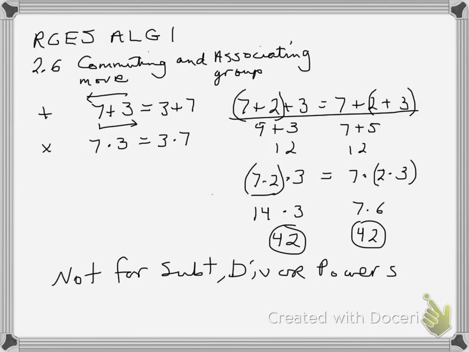On 67, he illustrates that for the commutative property, and on 68, he illustrates it for the associative property. So I'm not going to rewrite that here, but make sure you understand these properties work for addition and multiplication, not subtraction or division or powers.